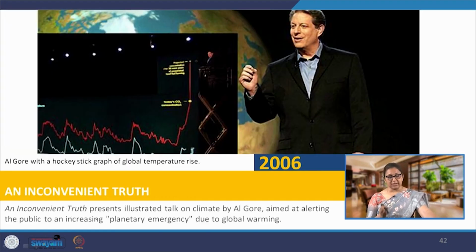In 2006, there was the documentary An Inconvenient Truth. You can go and watch it. It was an interesting, and for the first time, such an impactful documentary on climate change, by Vice President Al Gore, who made a case for climate change being real and happening around us.